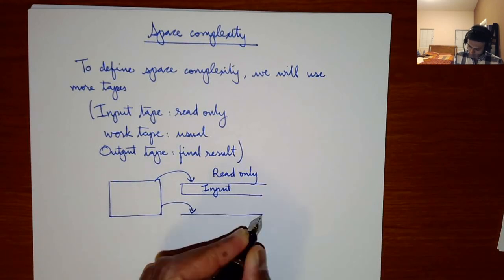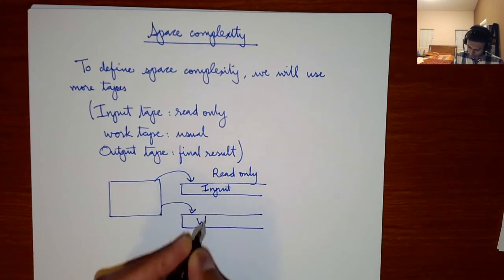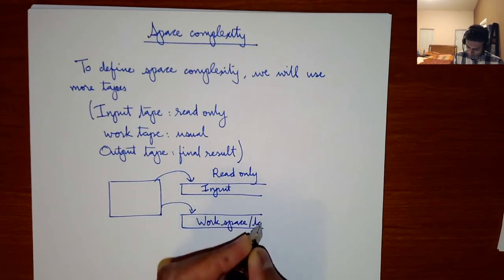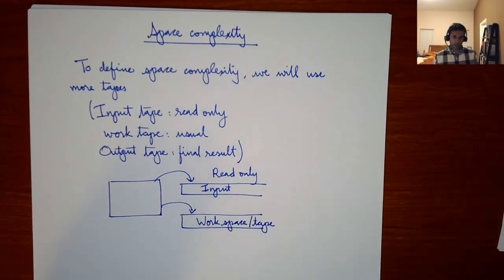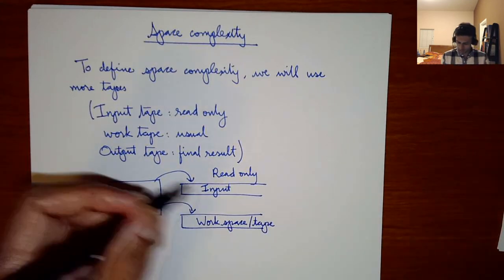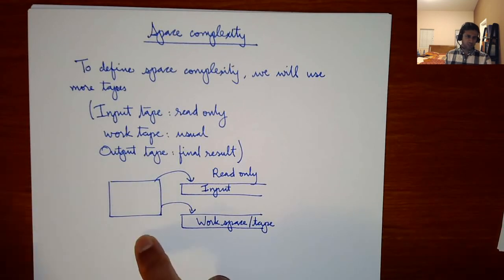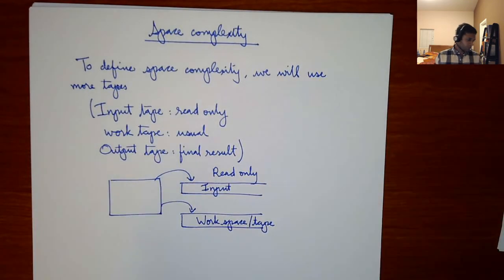And over here, we'll have the work tape, the workspace. And this is where all the action happens. This works as usual. So this is like a two-headed Turing machine. And again, we could have more tapes if we needed. We could have the output tape. And let's not get into that. The important thing is that the input is read-only.